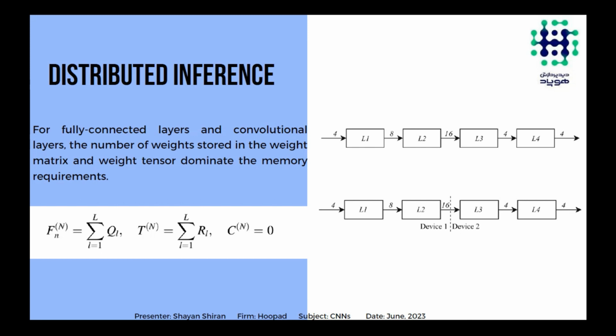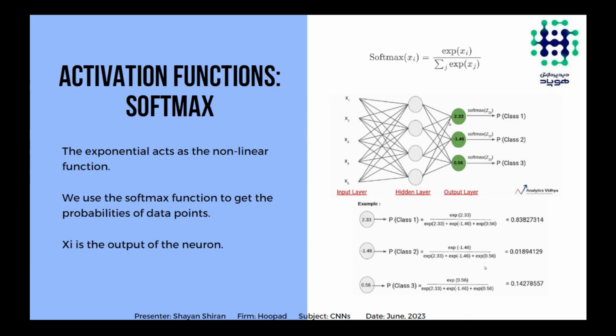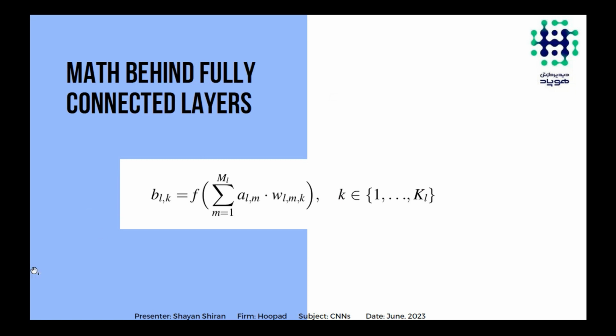And F is standing for device 1 and T is standing for device 2? No, no. You see, Michelle, T is the number of parallelized multiplications. This dot product here is the multiplication.